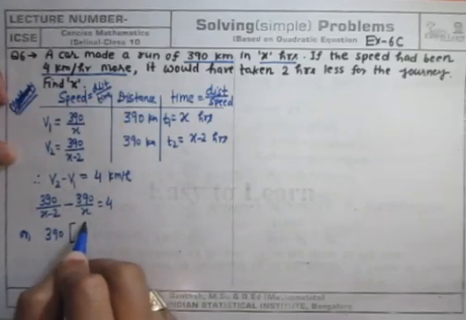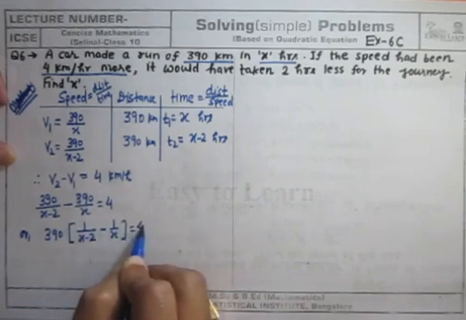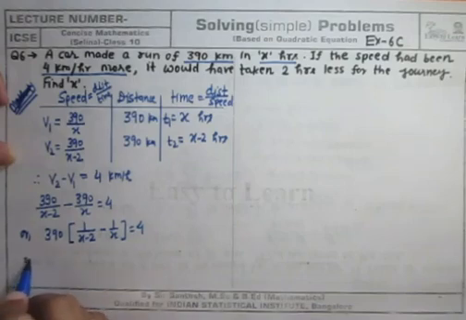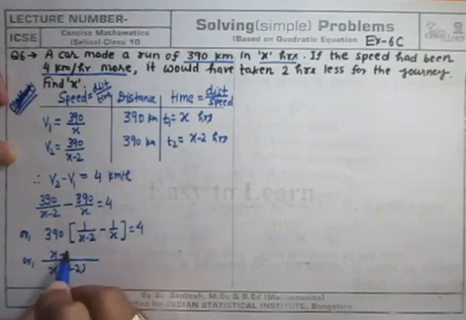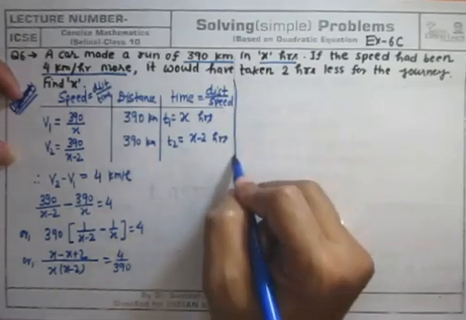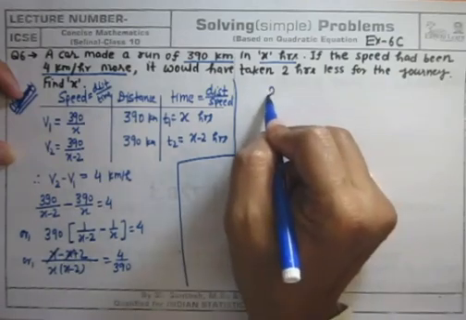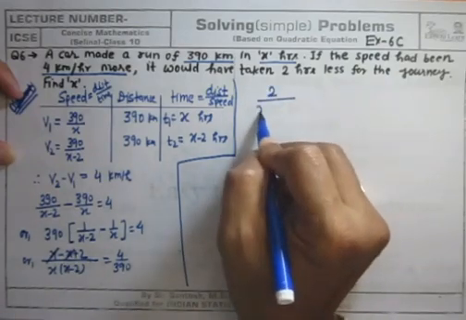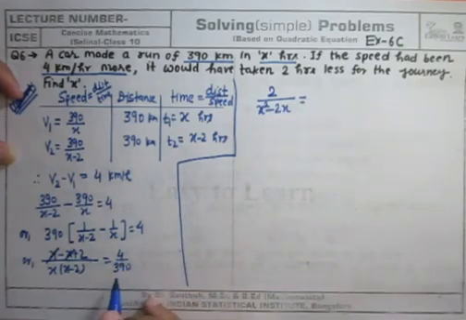390 bracket 1 by x minus 2 minus 1 by x is equal to 4. So the next LCM will be x into x minus 2. Here it will be x minus x plus 2, is equal to 4 by 390, shifting 390 to this side. Now the x cancels, so we are getting 2 by x square minus 2x is equal to 4 by 390.